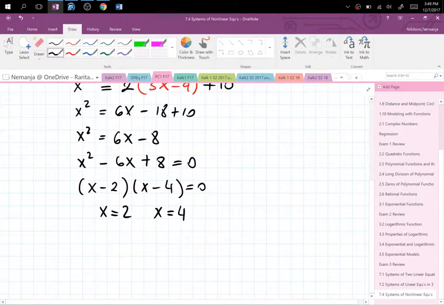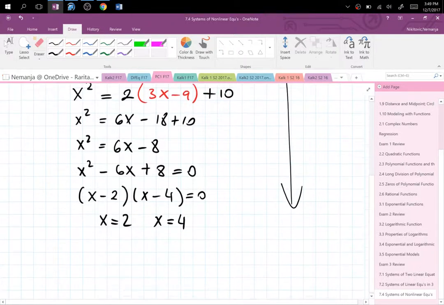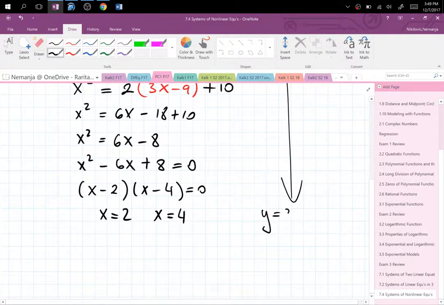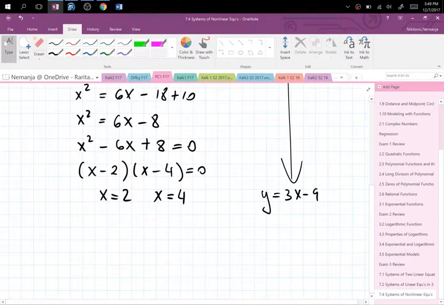So this is what we have. Now, am I done? No. I obtained x values, I need y values. So what are the y values? Where the y values are, you have the y equation. Y equals 3x minus 9, I believe. Yep. So now you plug in 2.